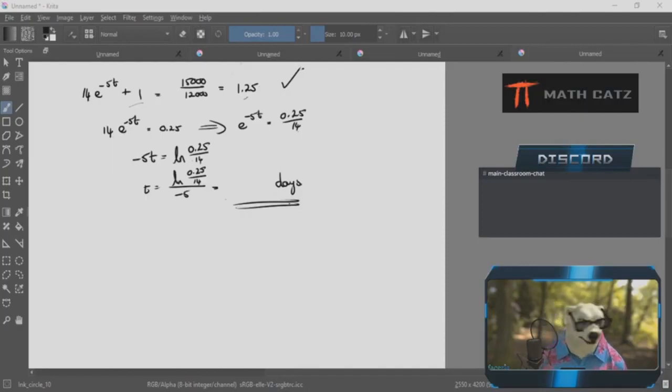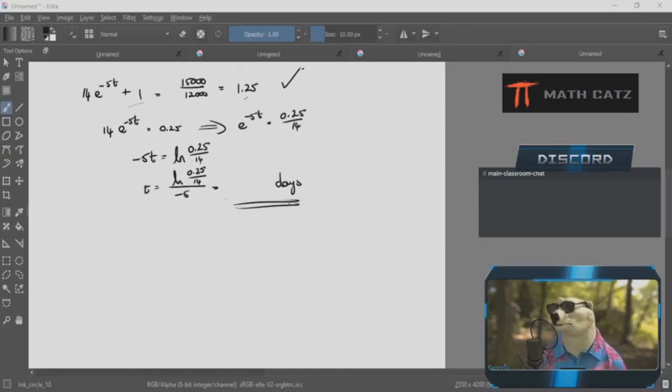Natural log of 0.25 divided by 14. And we're dividing all of that by negative 5. I think I'll just redo it.